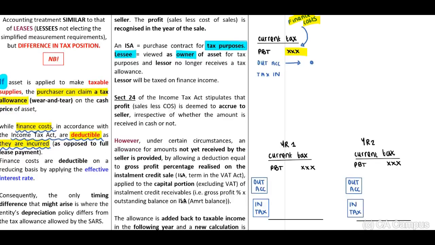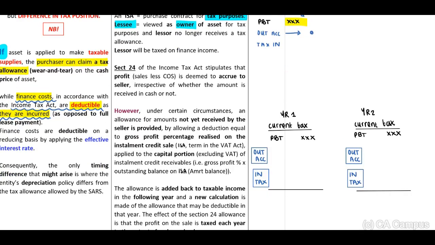We don't include anything. But when we look at Section 24, Section 24 of the income tax stipulates that the profit, which is your sales less cost of sales, is deemed to accrue to the seller irrespective of whether the amount is received in cash or not.